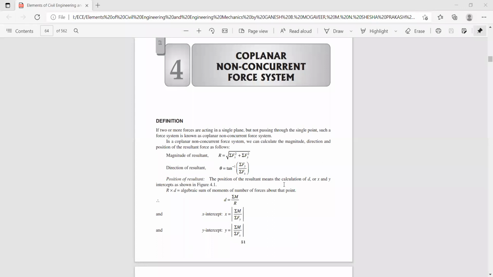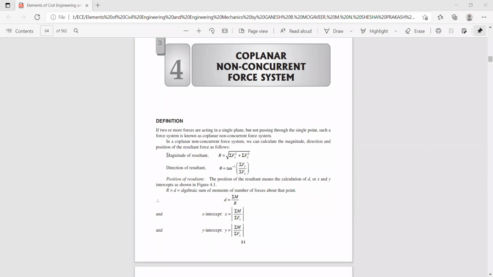The position of the resultant means the calculation of the perpendicular distance of the resultant with respect to the origin of the coordinate axis, or you may also find the x and y intercept of the resultant. I will explain what these x and y intercepts of the resultant are.